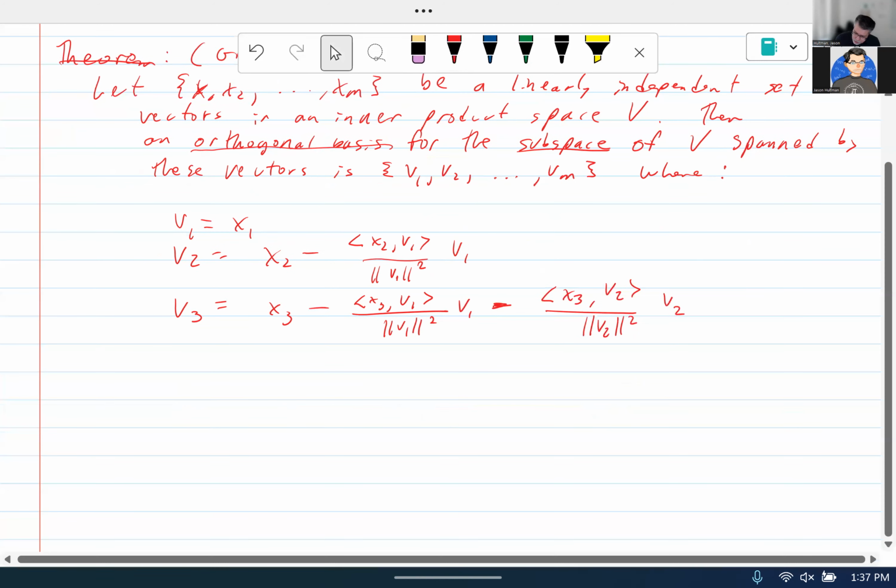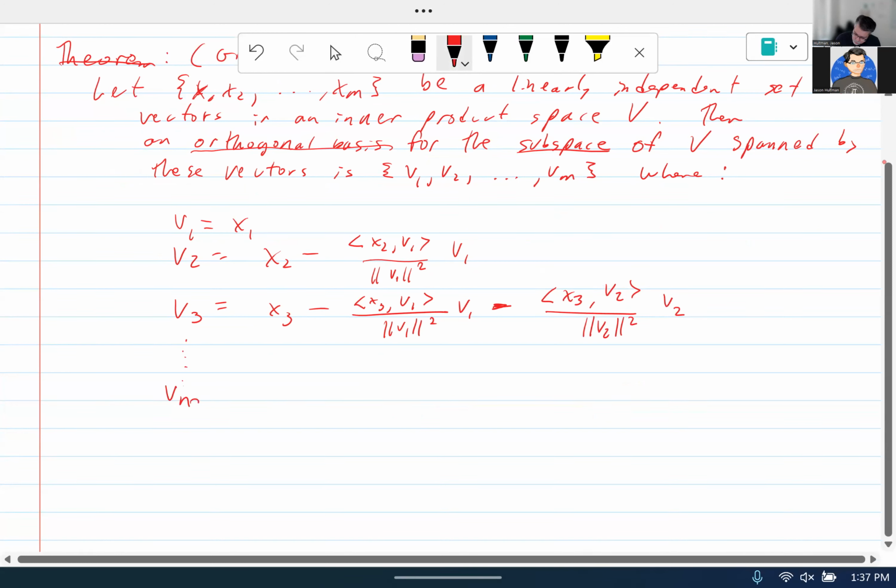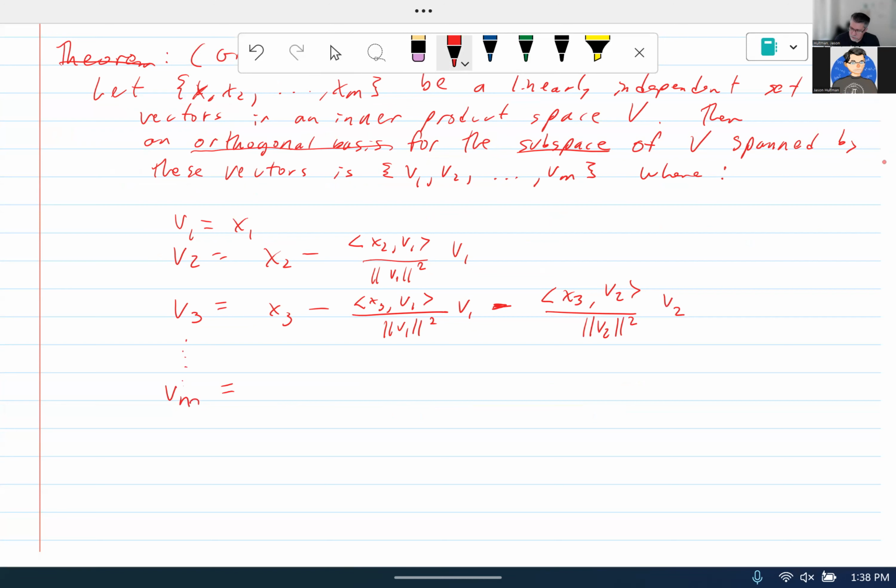Okay, and then this just continues for however many vectors I have in the vector space V. Okay, and this just equals x of m minus the summation of k equals 1 to m minus 1 of x of m inner product with vk, just to kind of generalize this process, over the norm of vk squared times vk itself.